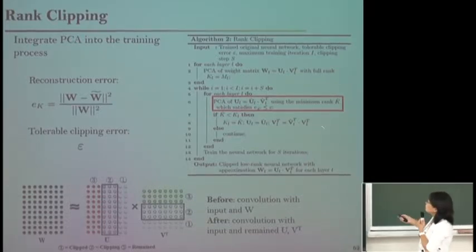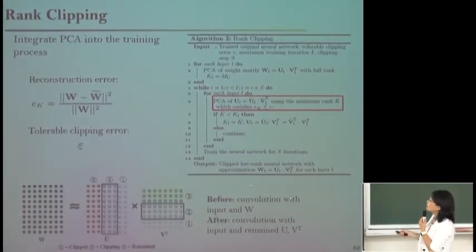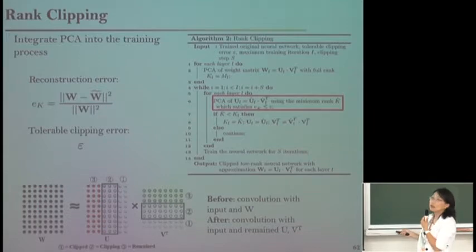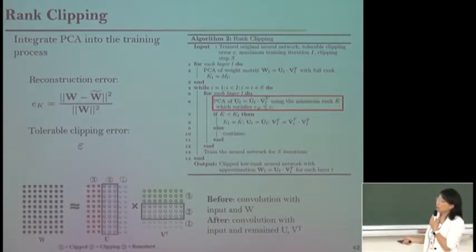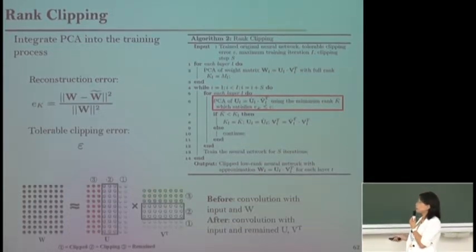As the algorithm shows here, for each layer, we do the PCA during training, and then examine the reconstruction error and compare it with the tolerable clipping error. The bottom part is again a simple animation to show what we're trying to do.